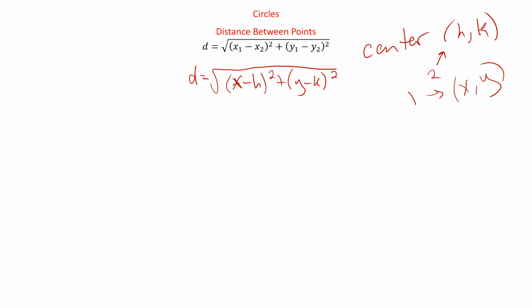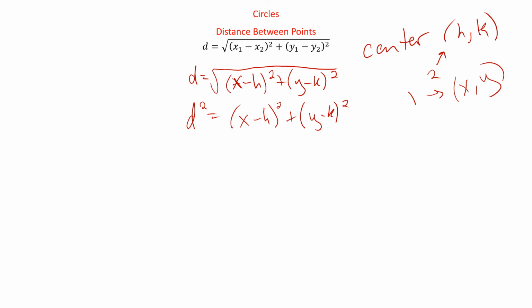That kind of muddles up the problem a little bit. So let's square both sides. Instead of d equals, let's have d squared equals, then we have no root: (x minus h) squared plus (y minus k) squared. All right, so the distance from the center to any point is constant, and we're going to get all the x's and the y's there.